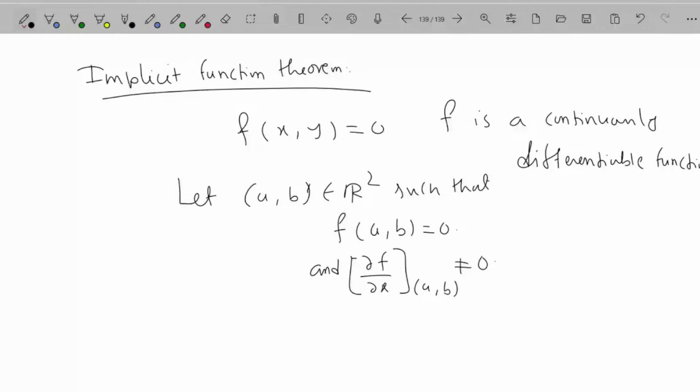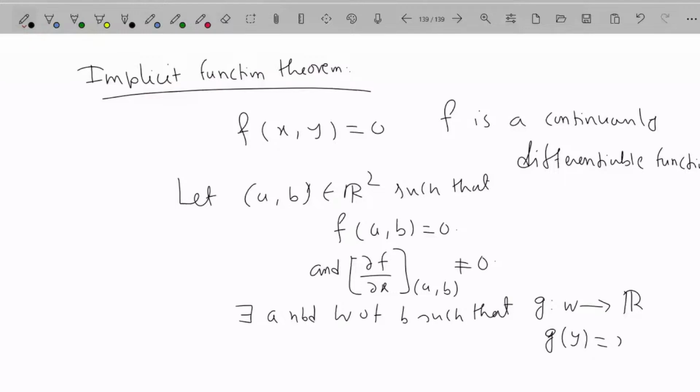Then what will happen? There exists a neighborhood, let's say W of b, such that you will have a continuously differentiable mapping from W to R, like g of y will be x.